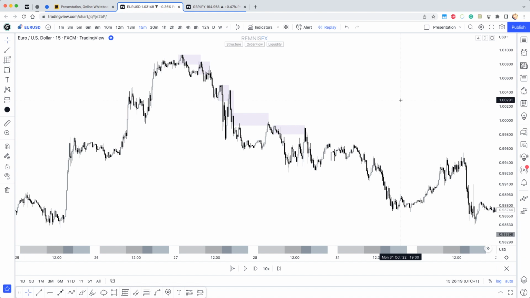I like to call those the major order flows, or the IFCs, the institutional funded candles, most of the time extreme ones, or the institutional order flows, as they're called. In a trending market, you can look for the minor order flows like this using your structure and momentum. So also very important to notice.